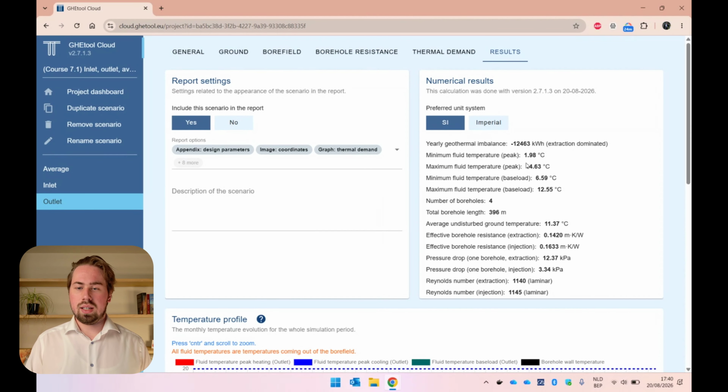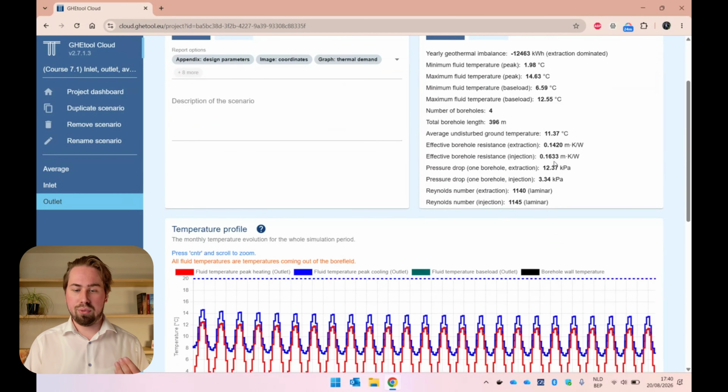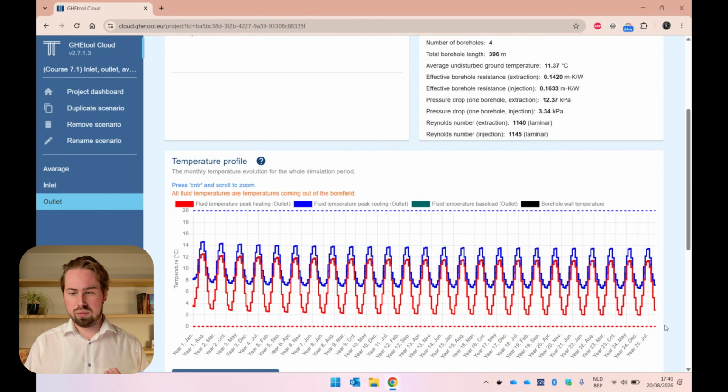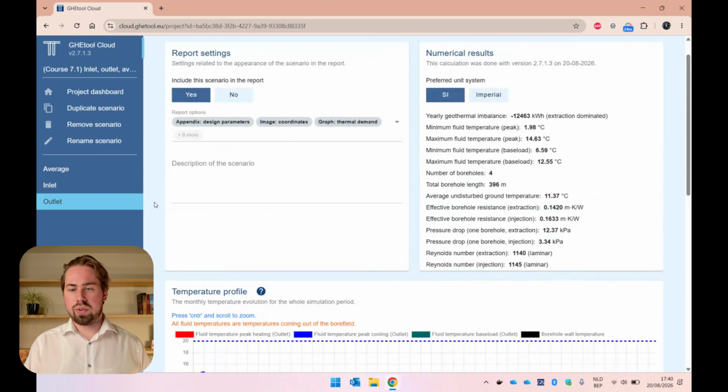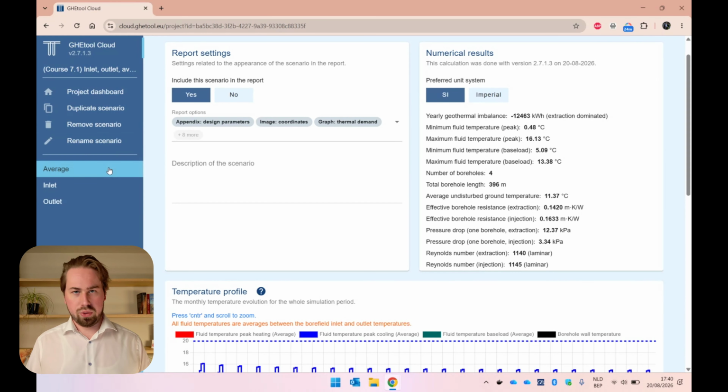In extraction, we're now at almost 2 degrees Celsius, so by far the furthest away from a limit of all 3 cases. And also during cooling, when we're injecting heat into the ground, our maximum temperature is now only 14.6 degrees Celsius, where it was 16.13 in the average case.